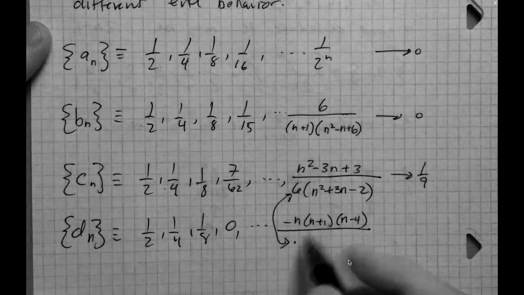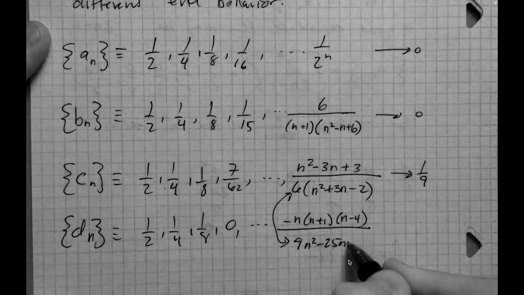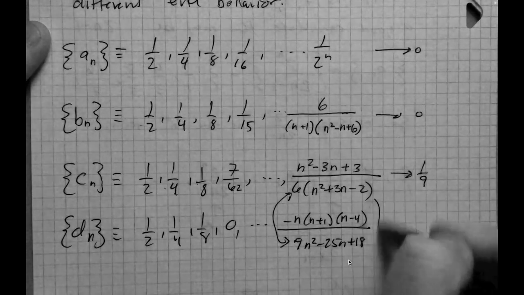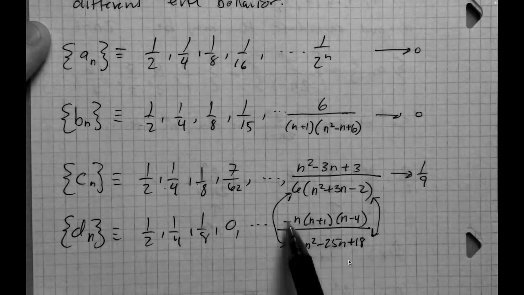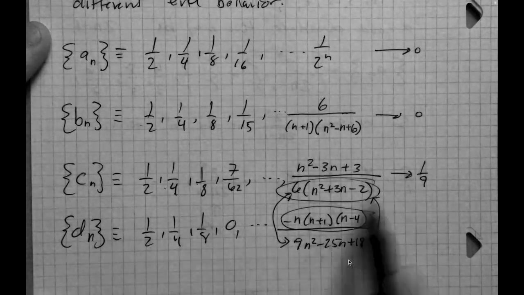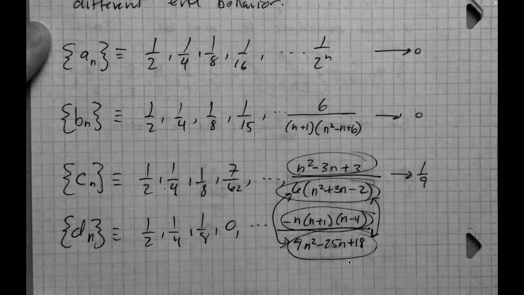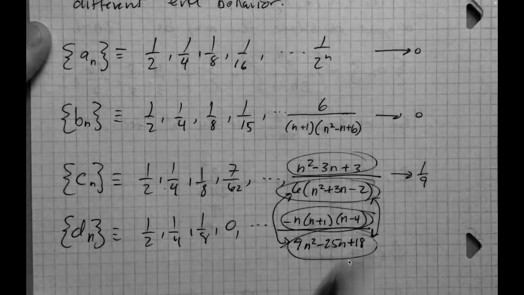So I'll write this one. This one was 9n squared minus 25n plus 18, right? So these are flipped. My apologies. So this one on this denominator is this sequence, and this sequence is the one on that denominator. Anyways, you can mess with that in a second.